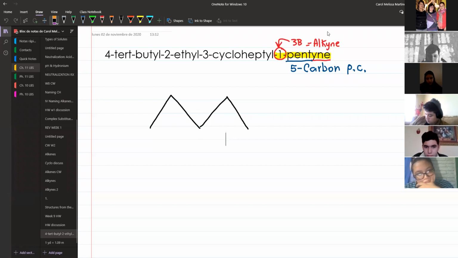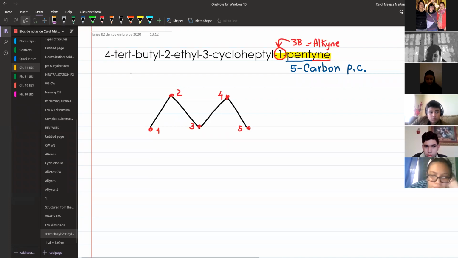If you count the carbons, I have 1 carbon here, second carbon over there, third, fourth, and fifth. Okay, so I'm going to number each as 1, 2, 3, 4, and 5. Now with this, I have the main skeletal of my structure.